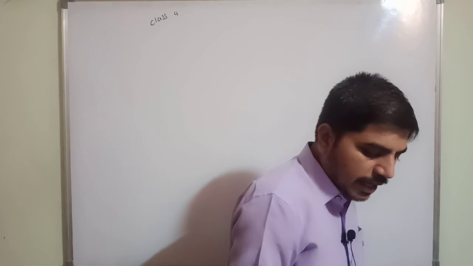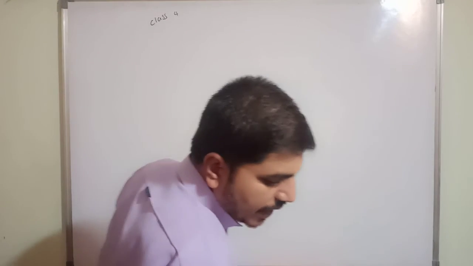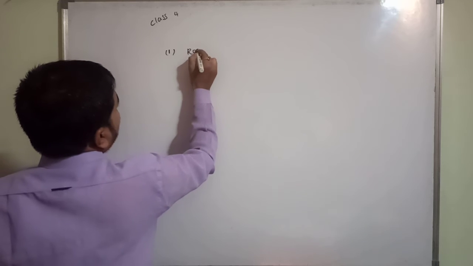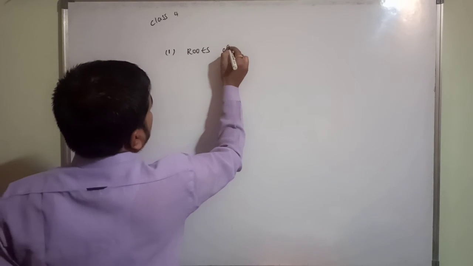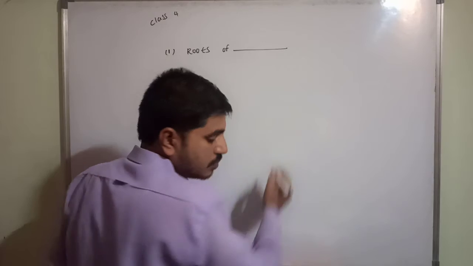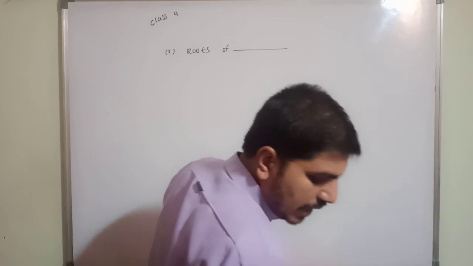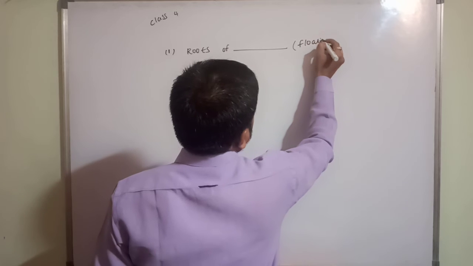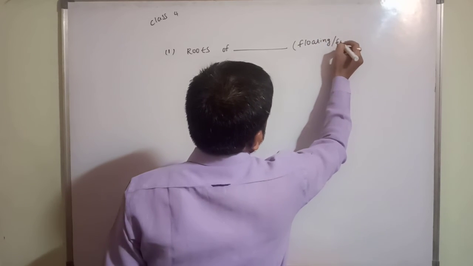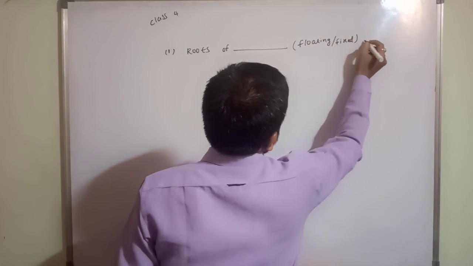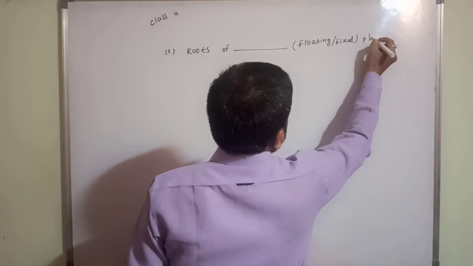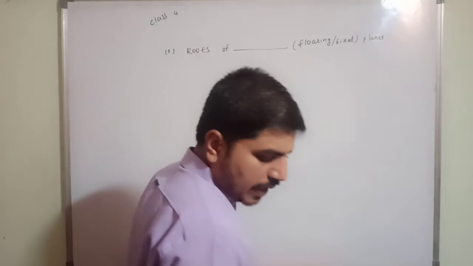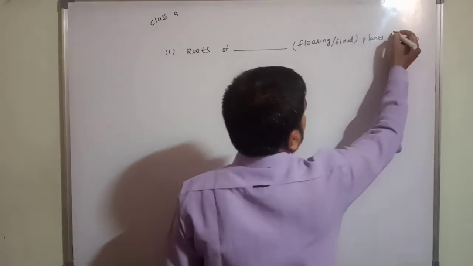The first fill in the blank is: roots of dash, floating or fixed, plants hang in water.